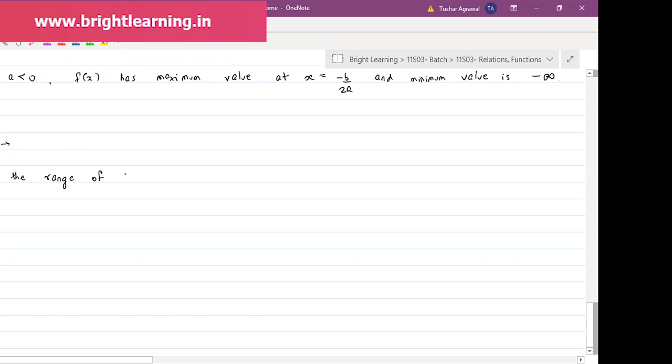Find the range of f of x is equal to x square minus 6x plus 9.